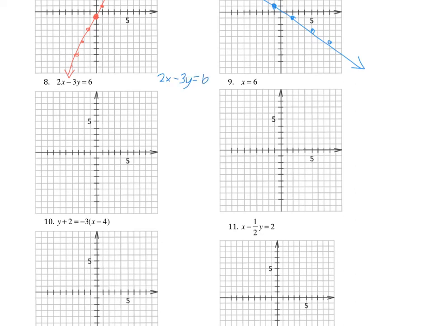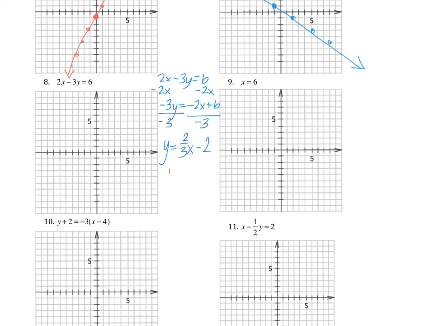Let's solve for y. Minus 2x, negative 3y equals negative 2x plus 6. Divide everything by negative 3. So it'd be y equals 2/3 x minus 2. This is in slope-intercept.